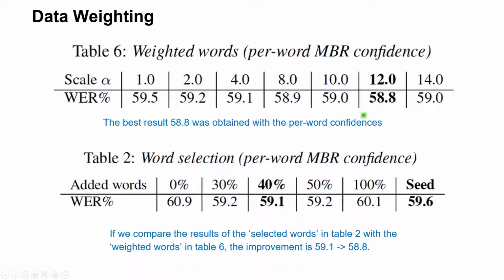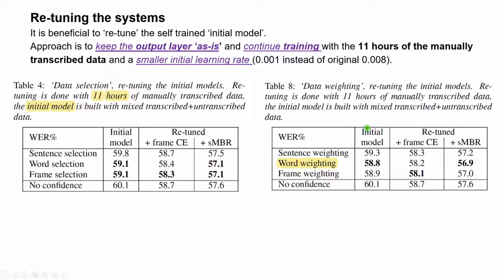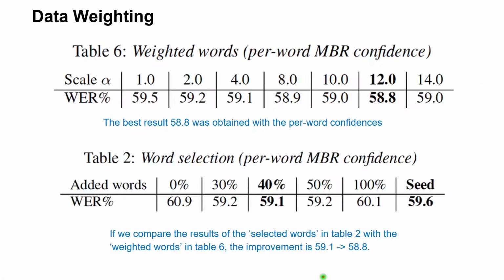Similarly, at the word level, the alpha which provided the best WER was 12. I have not included the details for the frame level, because the conclusion from this was that word level is the way to go.